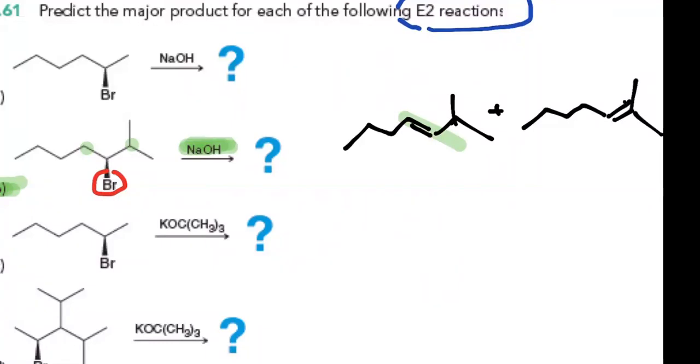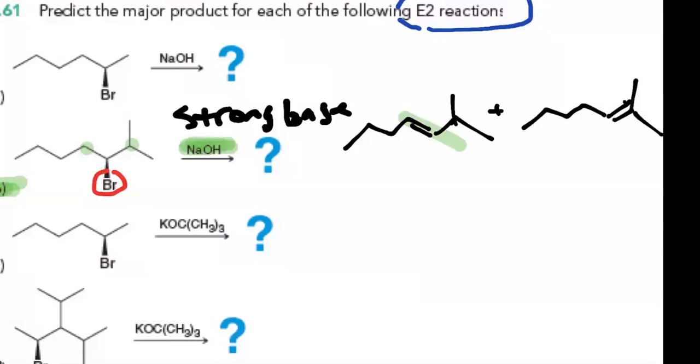Right, if it's an E2, you're going to look for certain things. You're going to look for a strong base. That's normally the giveaway, the base. If you see the base, you know it's an elimination. And then bromine, that's just a good leaving group.